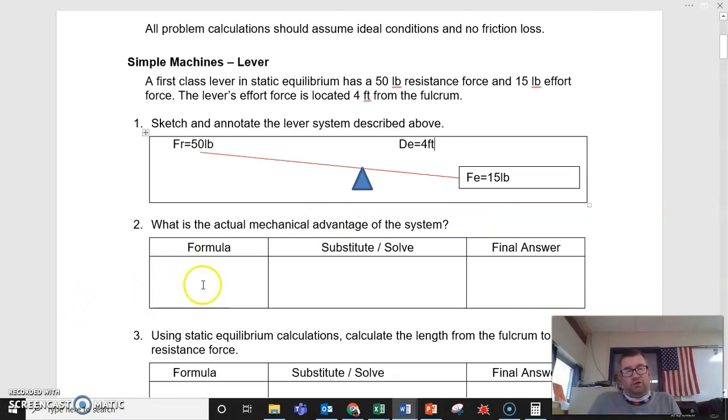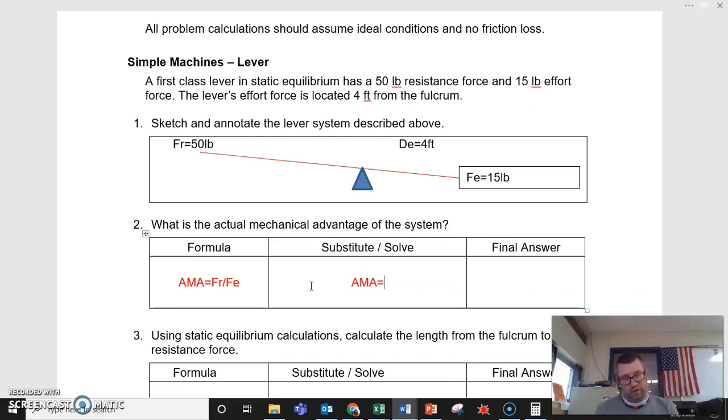So jump down to number 2. It says, what is the actual mechanical advantage of the system? So they want a formula. AMA equals, remember, AMA free, so FR divided by FE. Substitute and solve. We don't know what AMA is, that's what we're trying to find.